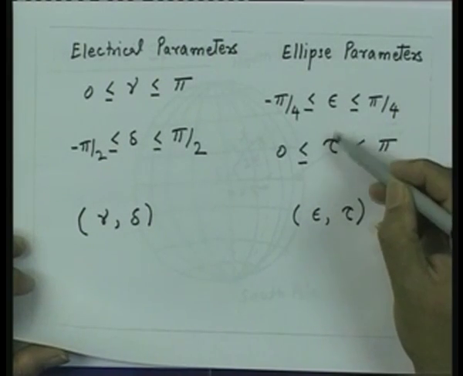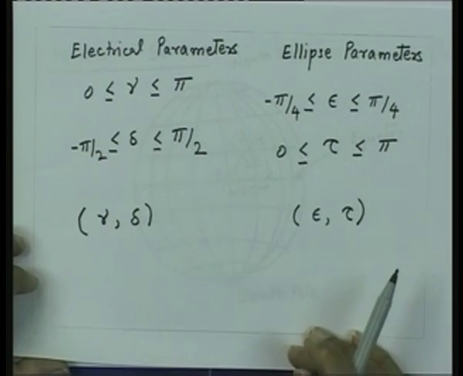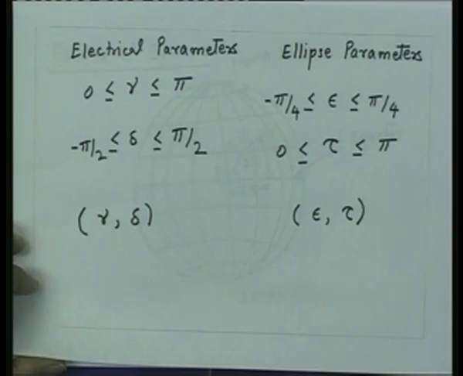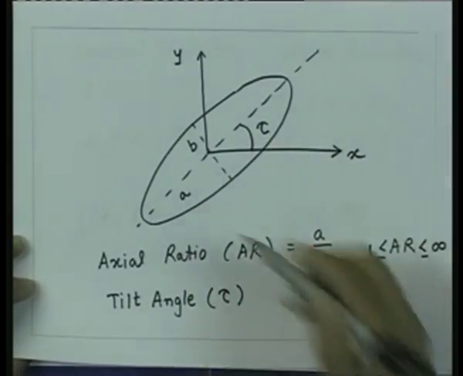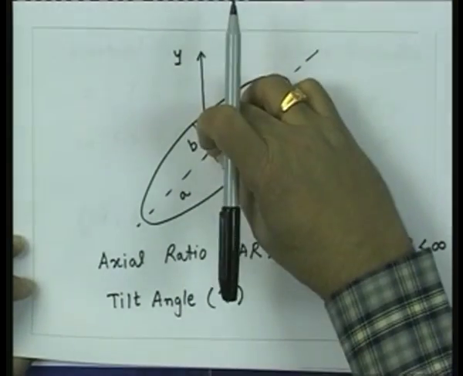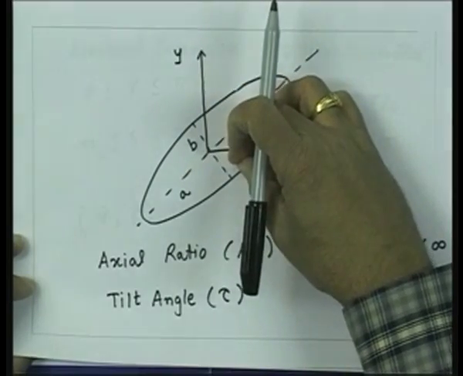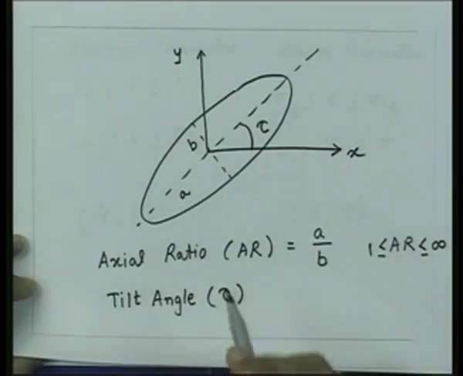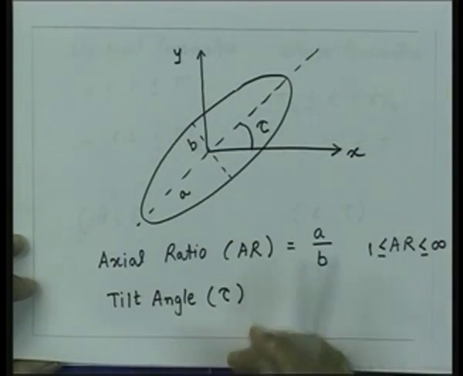For linear polarization, the axial ratio is infinity, because the minor axis is 0. The ellipse is compressed, so B has become equal to 0.